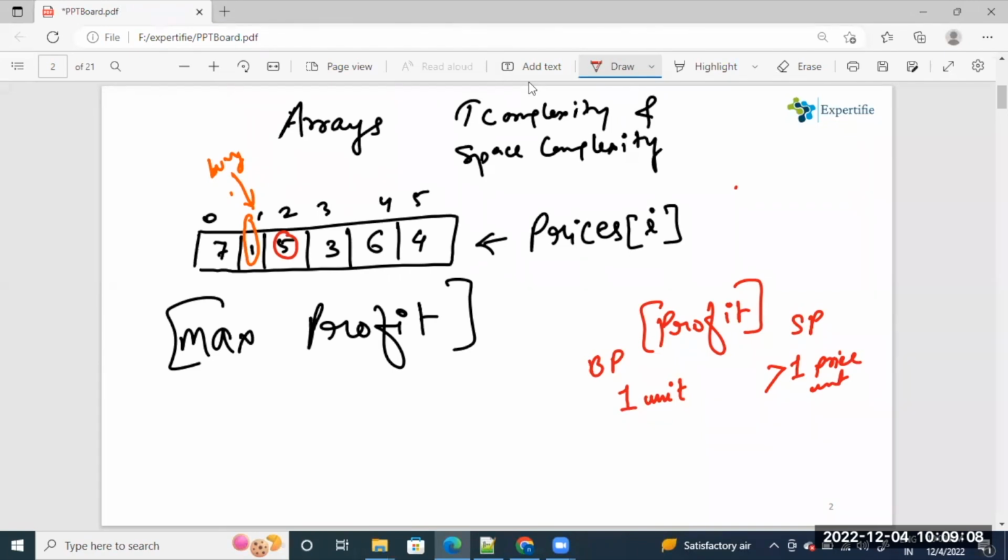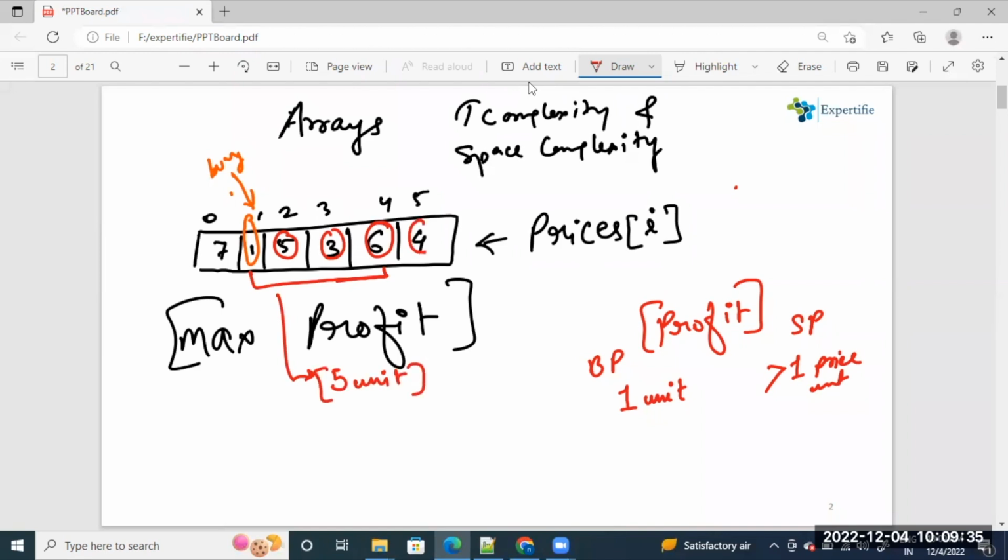Let's see if we can make a profit of more than 4 units by selling on some other day. Let's say I sell on this day, it's 2 units. Let's say I sell on another day, which is day 6. At this point of time, I am getting a maximum profit of 5 units.